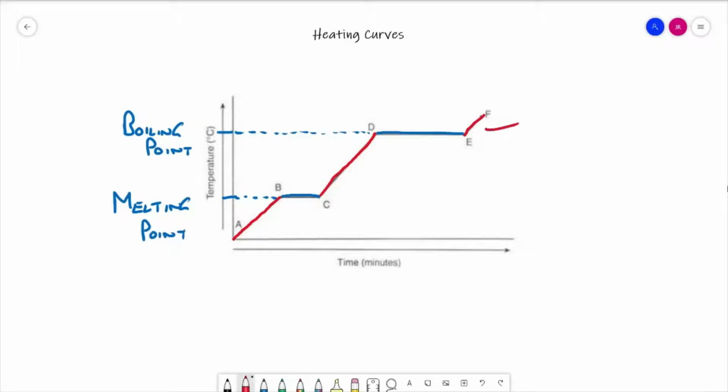When we're heating, so at these points here, the energy goes to increasing the kinetic energy of the molecules in the substance.